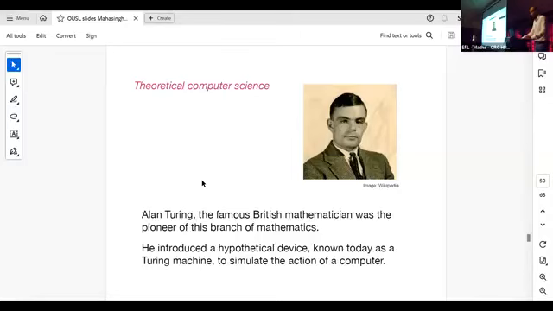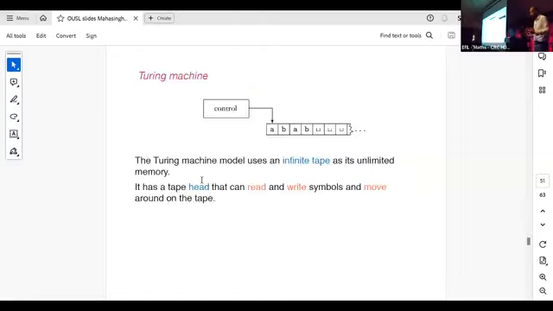So he gave a model for a computer, a hypothetical device that consists of an infinite table, resembling the memory of a computer. And there is a pointer, which we call the head, which can move. You can move the head, read the entry, and keep it in memory, and then the head can move.